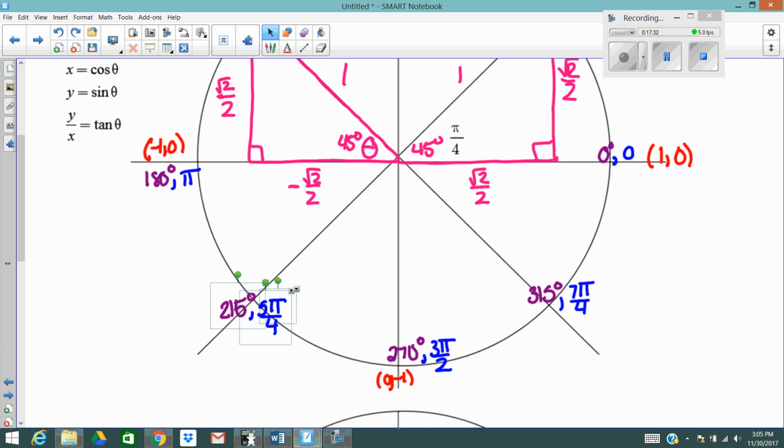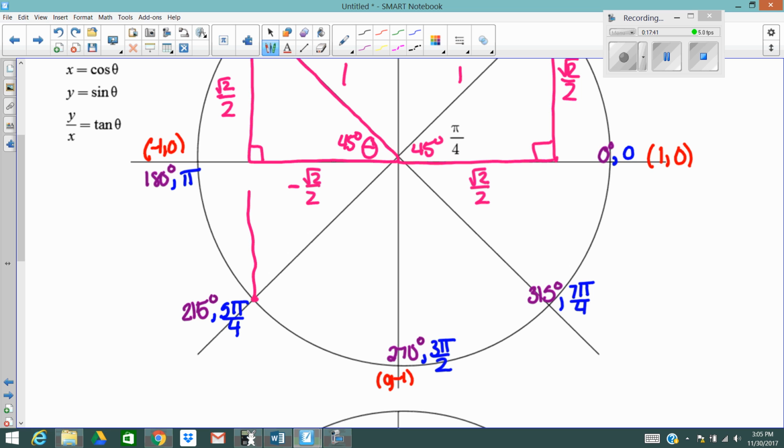If I'm figuring out the coordinates of this point, again, I can create my right triangle with my reference angle. The full angle is 5 pi over 4, but my reference angle is pi over 4. So again, that 45-degree angle.